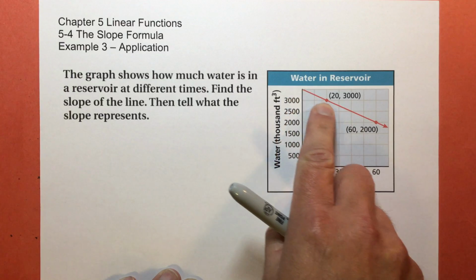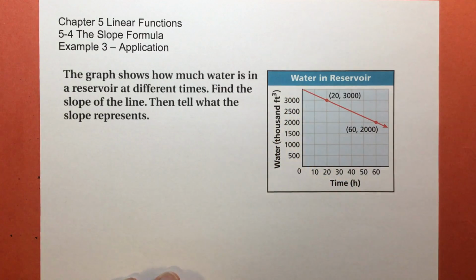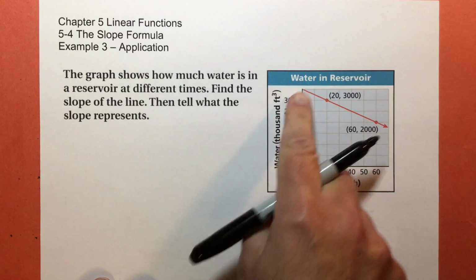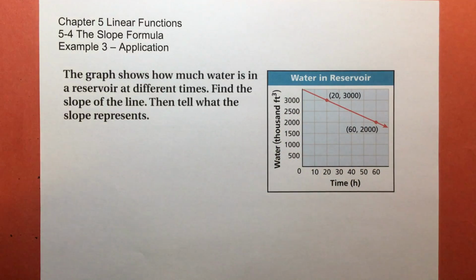It seems like the water is draining out of this reservoir at a constant or steady rate, and we need to find that slope. First of all, I know it's going to be negative. The negative simply tells me you cannot measure water with a negative number. The volume of the water in cubic feet has to be positive.